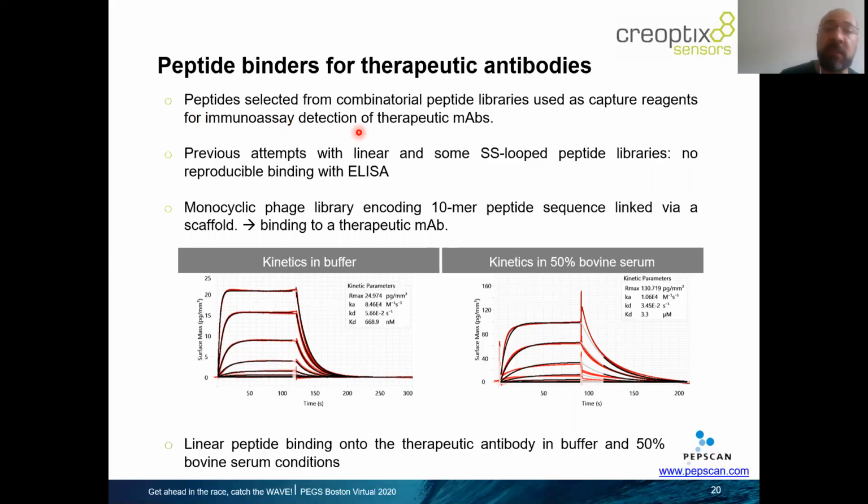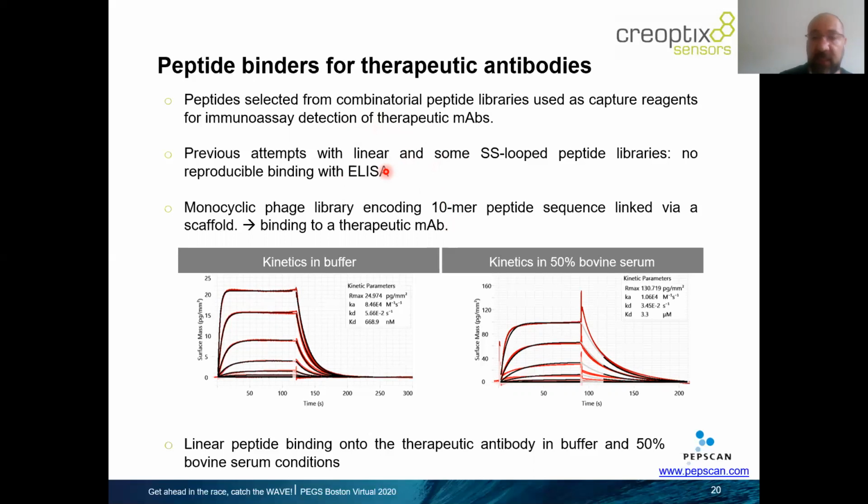But the starting point here was that previous attempts to find linear peptides or even circularized peptides failed to find good binders for this monoclonal antibody. And with other techniques like ELISA, there was a lot of non-reproducible binding.